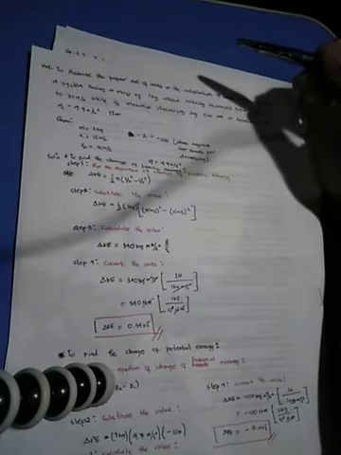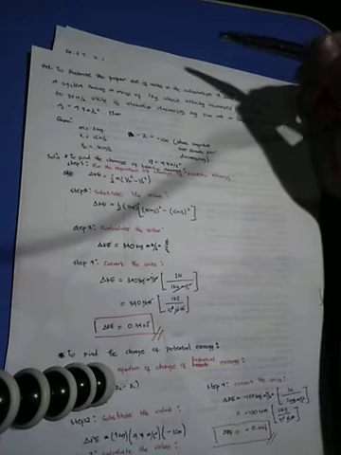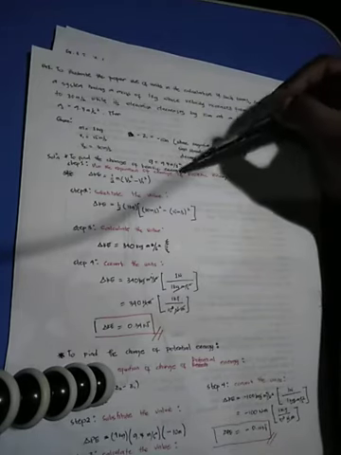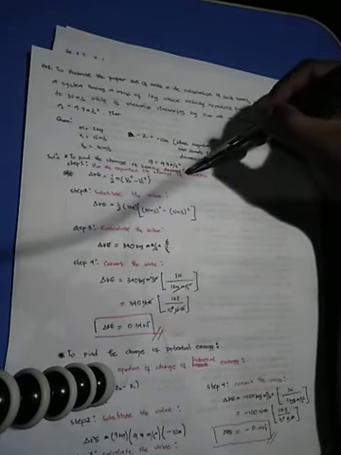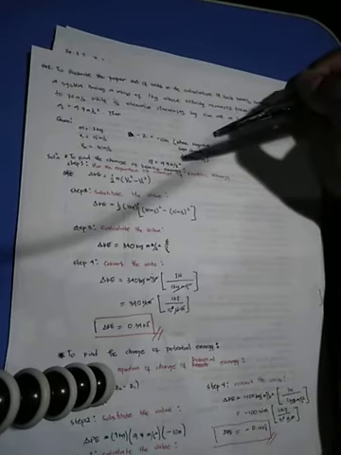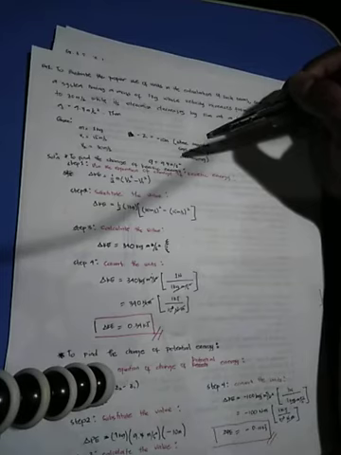Okay, so solution. We have a note here: to find the change of kinetic energy, we just have to use the concept we mentioned in our previous discussion in our manual. We have different steps here. The first step: use the equation of change of kinetic energy. What is the change of kinetic energy?